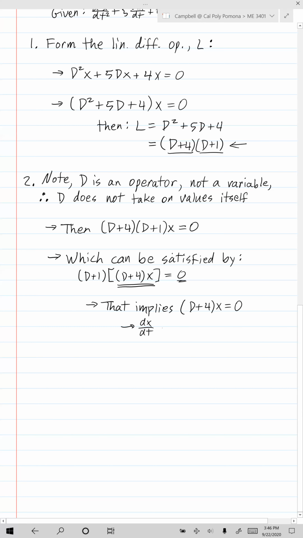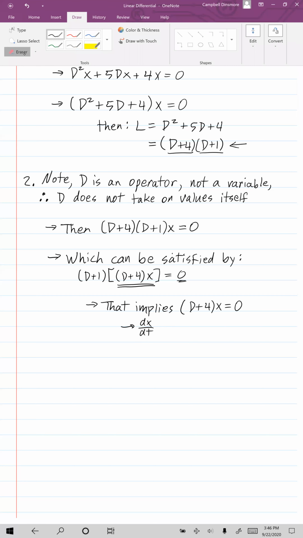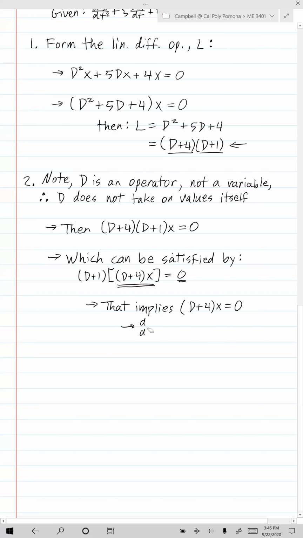Which then gives us dx dt when we go ahead and multiply this out. Actually, let's be a little bit more precise here. Let's fill in that step and say, okay, if I multiply all this back out, I get D times x plus 4 times x is equal to 0, which is dx dt plus 4x equal to 0.